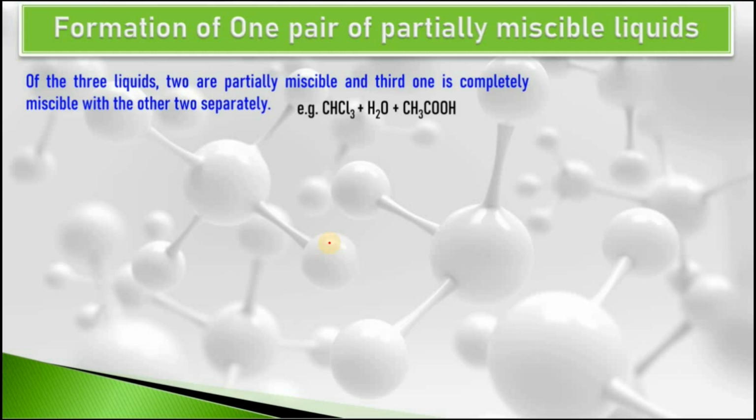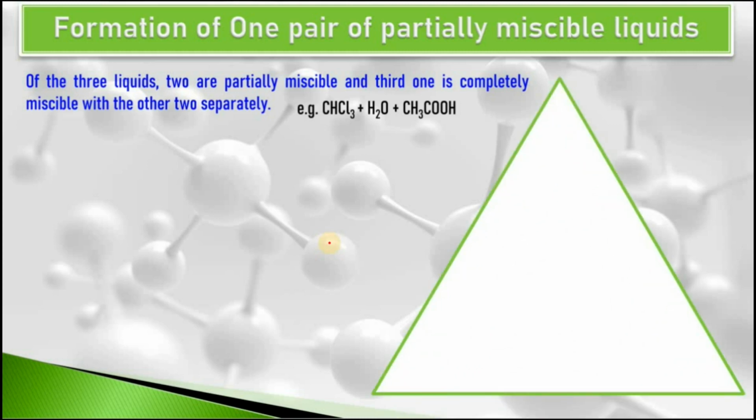We are going to study this three-component system with the help of the triangular plot, which we had discussed in our last lecture. It is an equilateral triangle. One vertex represents 100% of the first component A, the second vertex represents 100% of the second component B, and similarly the third vertex represents 100% of the third component C.